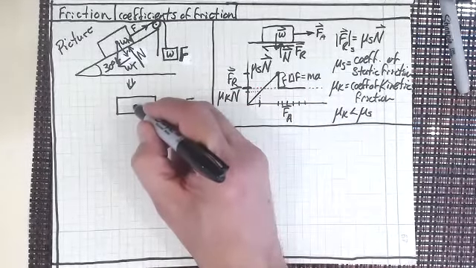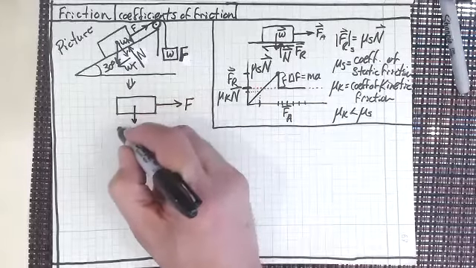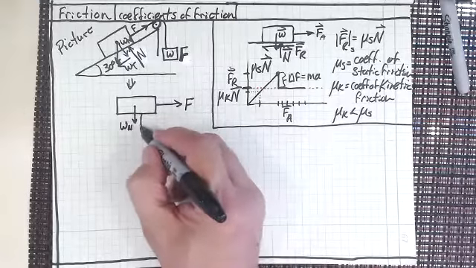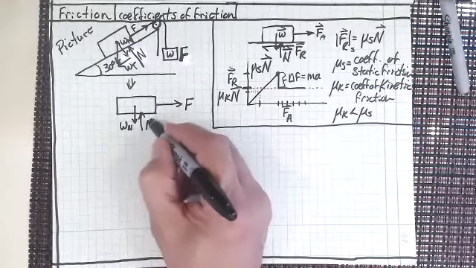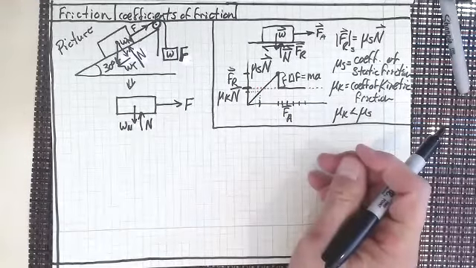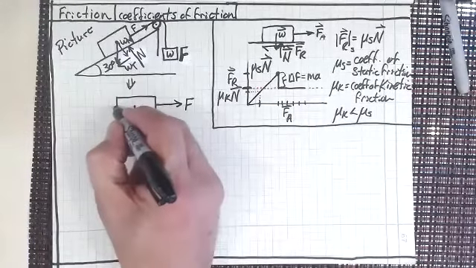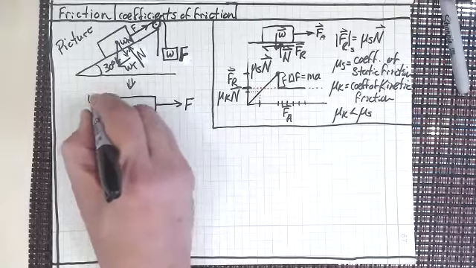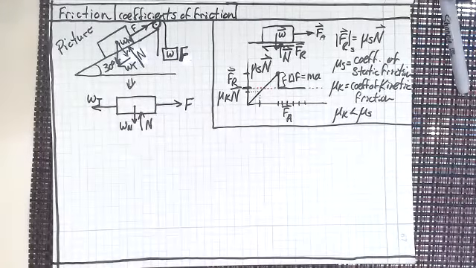I also have W sub N that I can figure out, and opposing it, I've got N. Going in this direction, I have W sub T, right?